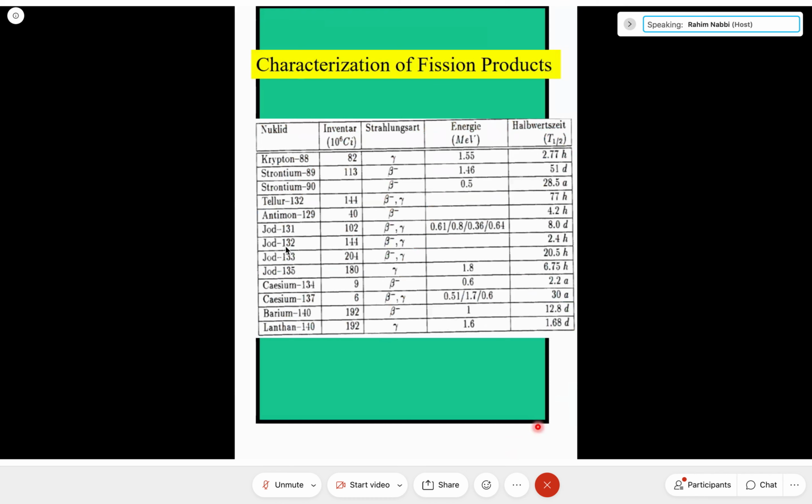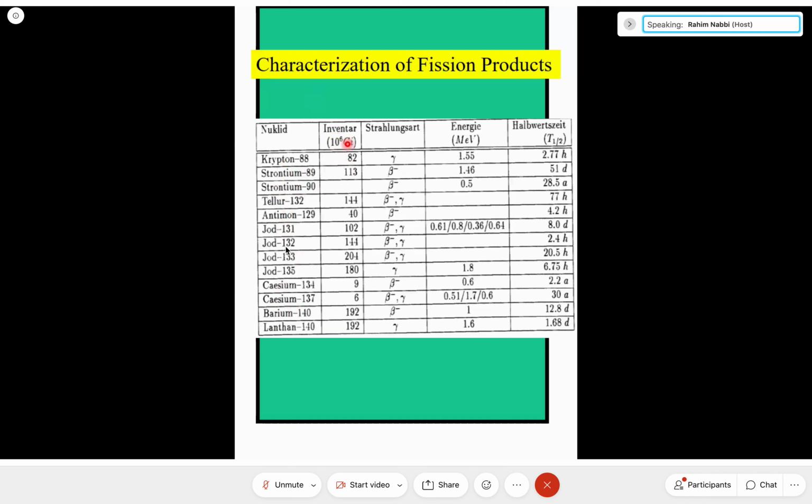And you see here in this table, characterization of some fission products, here krypton, for example, going to cesium and so on, iodine, everything is here, can be taken from this table, and we know how big the inventory is during normal operation or during a cycle.